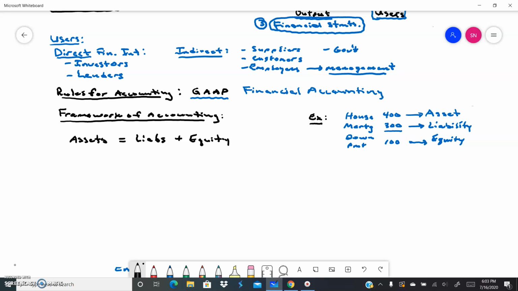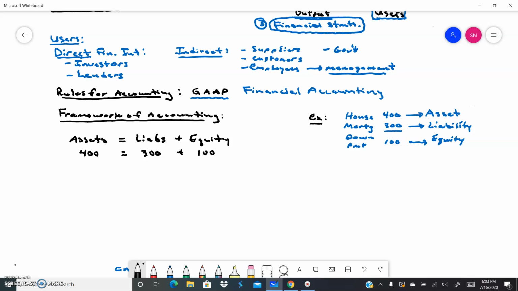In this case, we're going to have the house, which is $400,000, and that's equal to the mortgage, which is a liability of $300,000, plus, in this case, the down payment, which is the equity of $100,000.